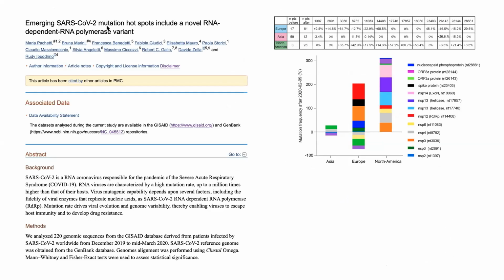Emerging SARS-CoV-2 mutation hotspots include a novel RNA-dependent RNA polymerase variant. Okay, so here you see SARS-CoV-2 is RNA coronavirus responsible for the pandemic of the severe acute respiratory syndrome, COVID-19, RNA viruses, etc., right? So here, take a look at some of this description.